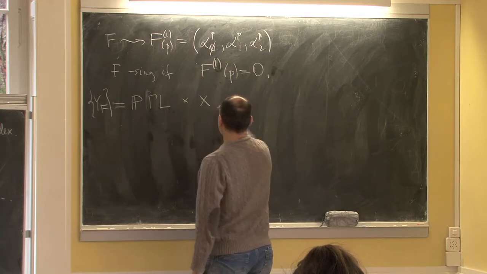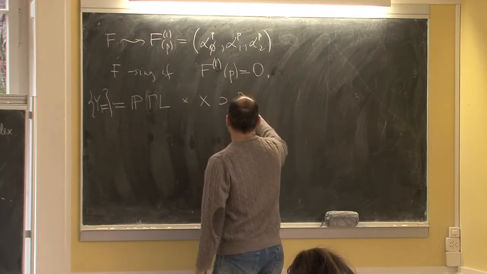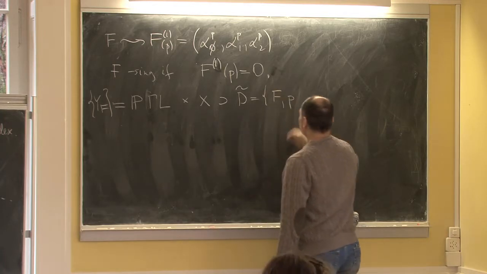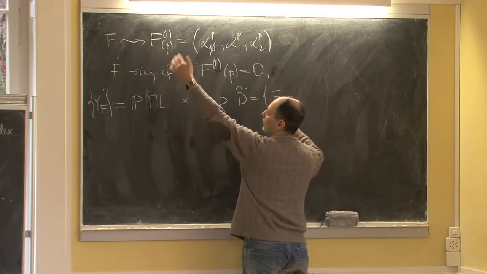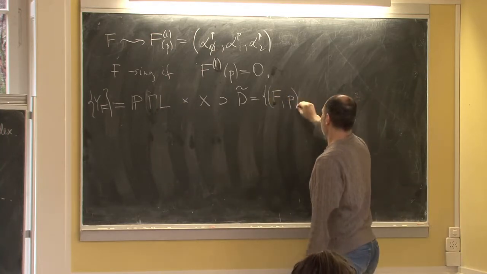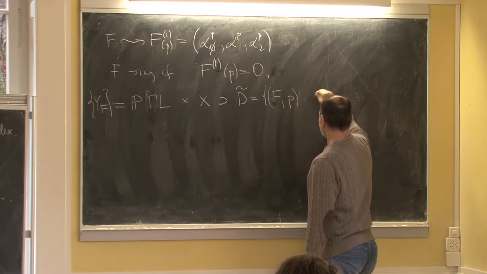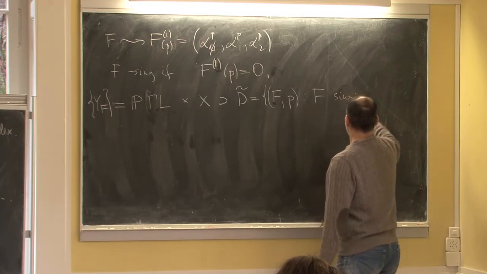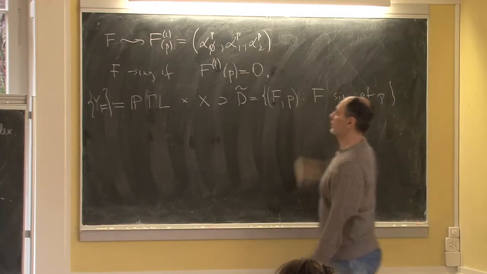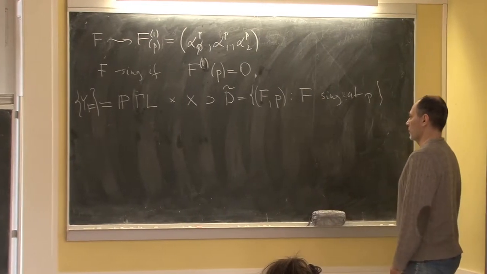So here you have this D tilde, which is just the pairs F, P, where F is a section up to a constant. So these are the pairs where F is singular at P, and I explained what that means here now, in local coordinates at least.